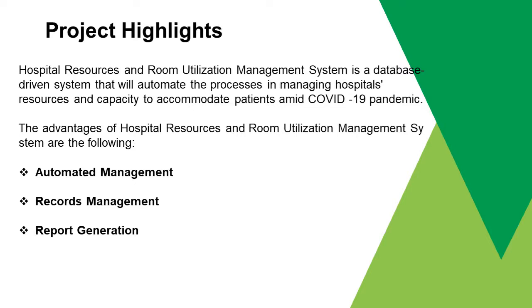Automated management of hospital resources and room utilization are done electronically. 2. Records management. It is a database system that makes the records electronic, safe, accurate, reliable, and fast. 3. Report generation. The system automatically generates and provides real-time reports about the status of the hospital's resources and room utilization.